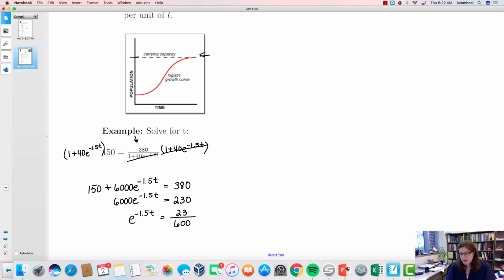Now we're going to use the same strategy. So I want to convert into log form. So remember that e is the base that goes with the natural log. So this is the natural log of 23 over 600 equal to the power negative 1.5t.